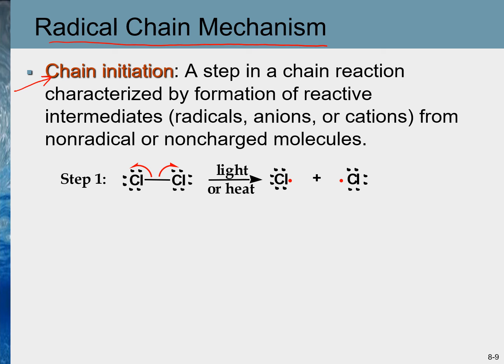In case of chlorination of an alkane, chain initiation is carried out by thermal or light induced homolysis of chlorine bond. So as we can see in this first step, a homolysis of a chlorine molecule takes place, and this homolysis is carried out by either heat or light.